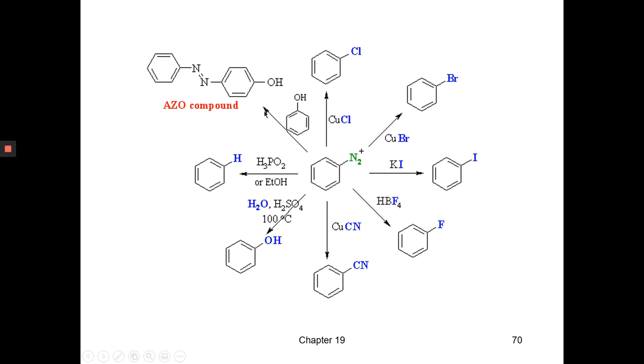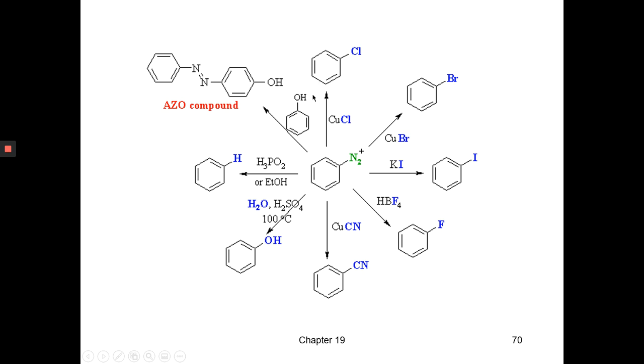Okay, and the last example of a reaction involving a diazonium group is if we have a strongly activated aromatic ring. Really the only two things that are activating enough to form this coupled diazonium compound would be phenols and aromatic amines.